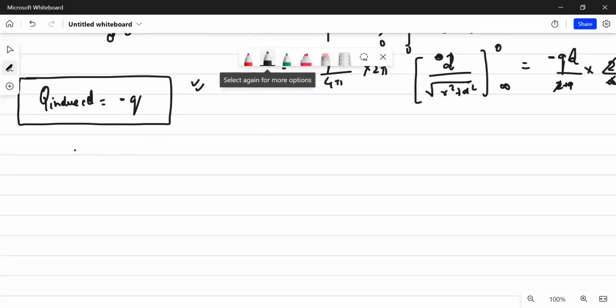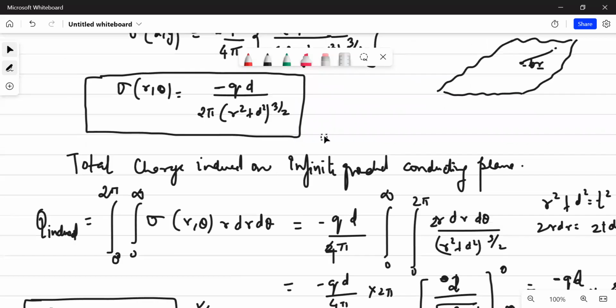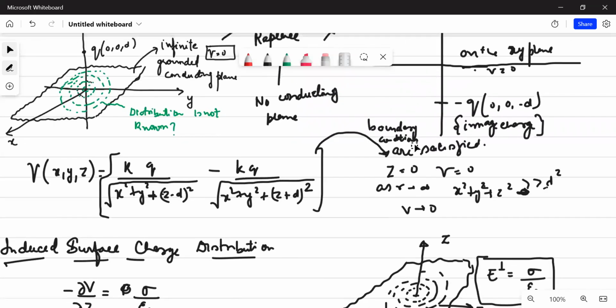So what would be the force on charge q? One can understand, I've already told you, that instead of this infinite conducting plane, forget about this problem and just think about this problem.